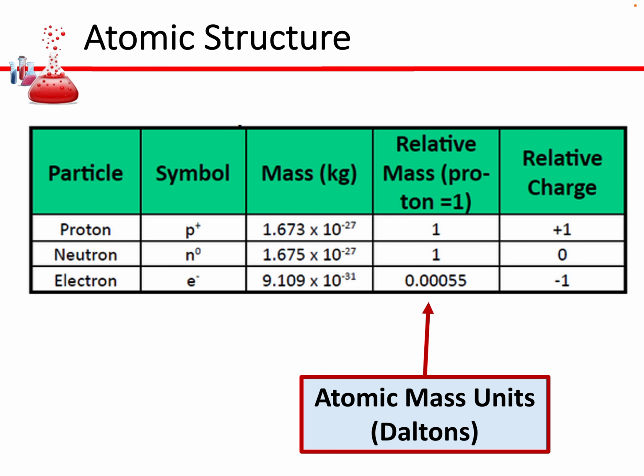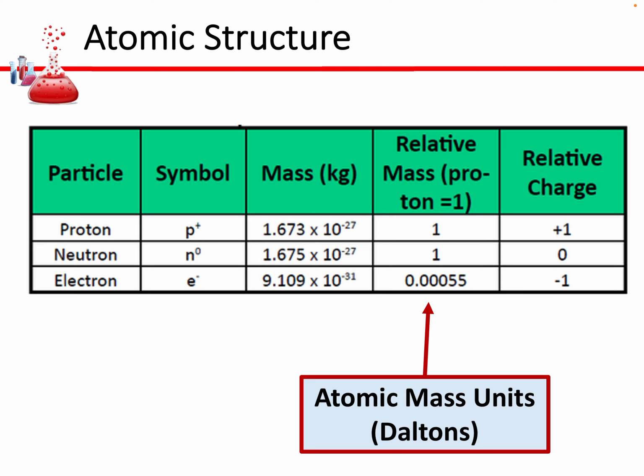So when you're looking at this periodic table, you can see the mass numbers are below each element, right? And so the mass number is a contribution of both the protons and the neutrons. So I told you the relative mass of each of these is 1, right? So you would think, well, how do you get that mass number that's in between? You can't have half a neutron or half a proton to give you that number.